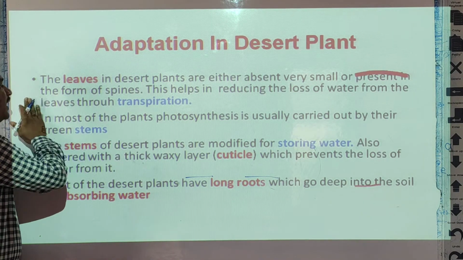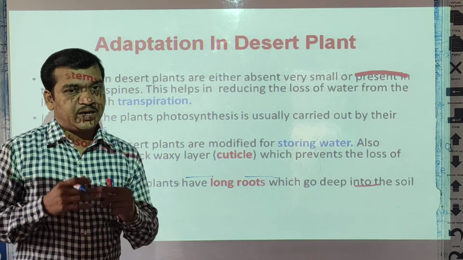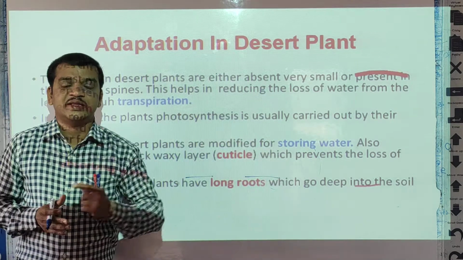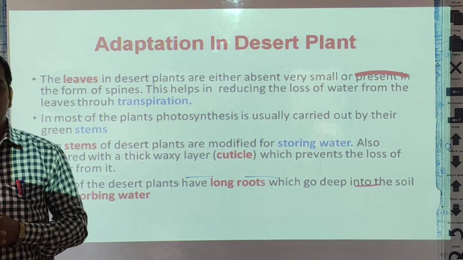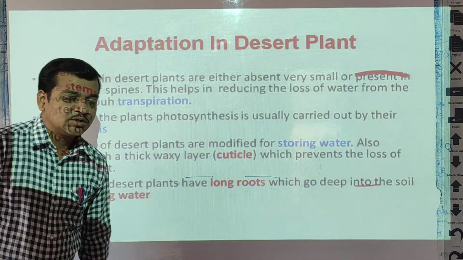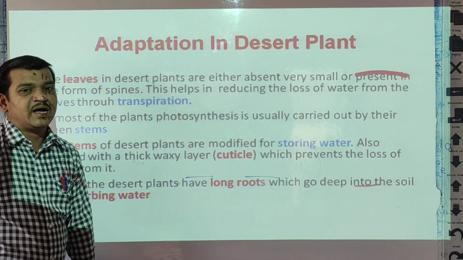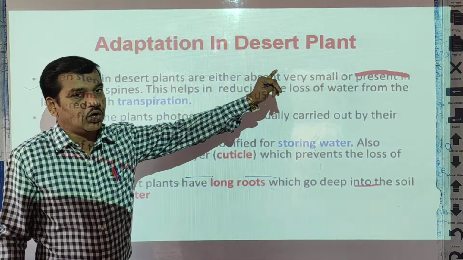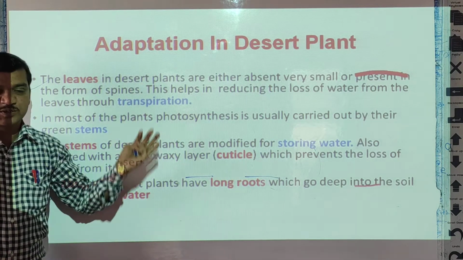Those plants in desert area are also modified, and that is why they are able to live in that particular area. So first point about the desert plant, we will consider the cactus plant. The leaves in desert plants are either absent or very small or present in the form of spines.